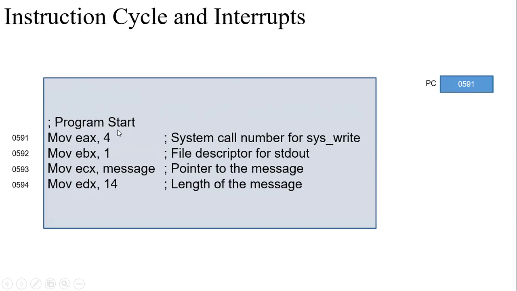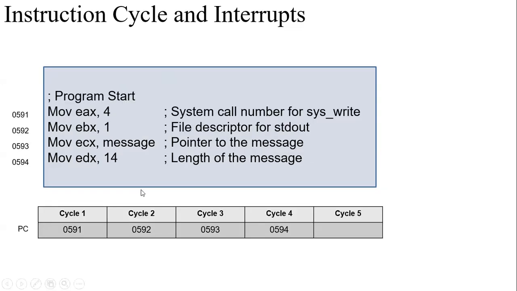After execution of that instruction, the program counter will be incremented by 1, and its value will be 0592, and the processor will go and fetch the instruction at 0592 and execute that instruction, and the program counter will increment to 0593, and likewise it will go and fetch the next instruction and execute it, right? So at each cycle, the program counter will increment by 1, 591, 592, 593, 594, and so on.